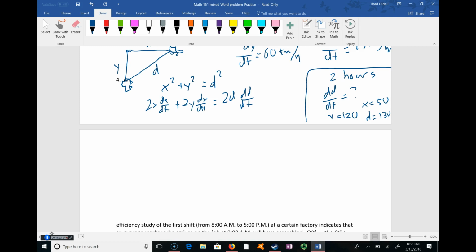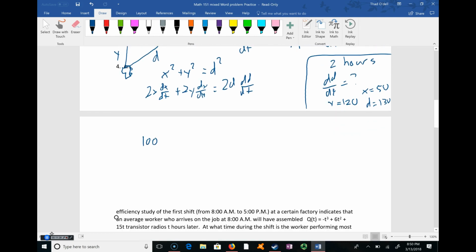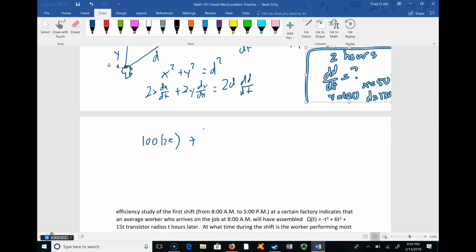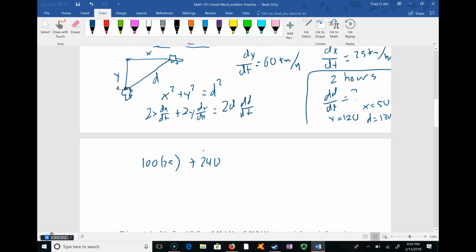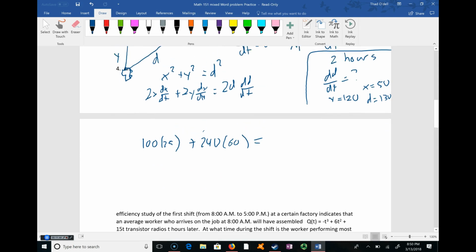Plug 50 in for x, that would be 100. Dx dt was 25. Y is 120, so 2 times 120 would be 240. Dy dt is 60. And d is 130, so that'd be 260 dd dt.